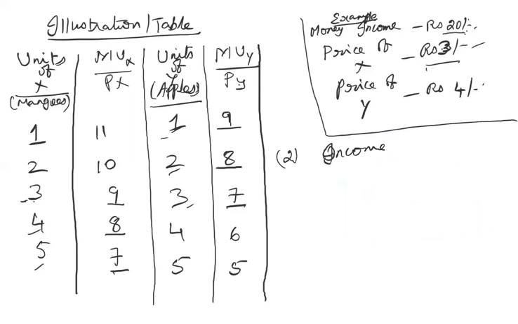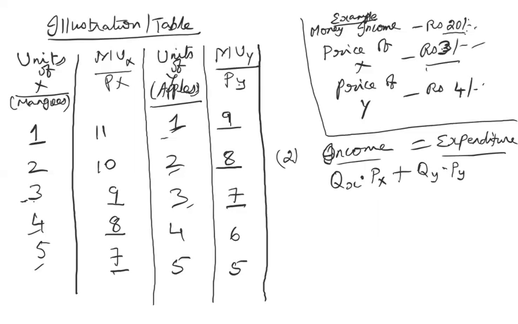So quantity of commodity X multiplied by price of commodity X, plus quantity of commodity Y multiplied by price of commodity Y. For the first position, 3 into the price of commodity X, which is 3, is equal to 9, plus quantity of commodity Y, here it is 1, multiplied with price of commodity Y, which is 4, is equal to 4.